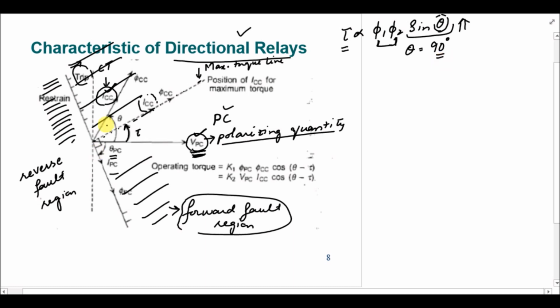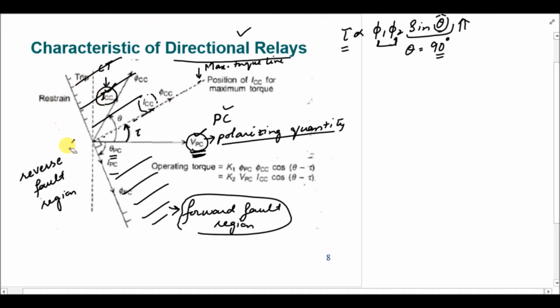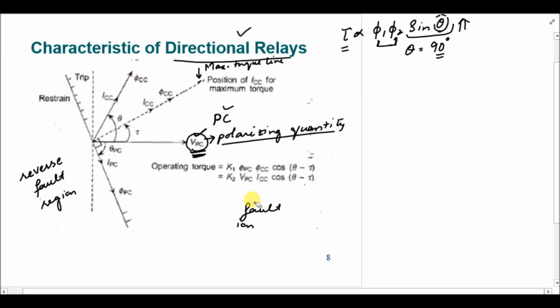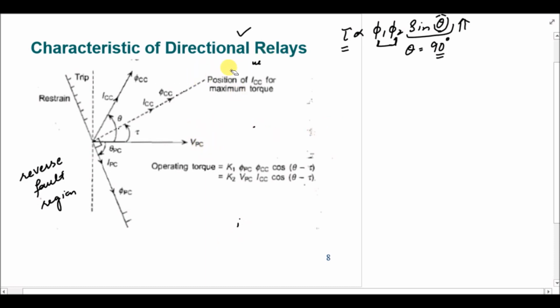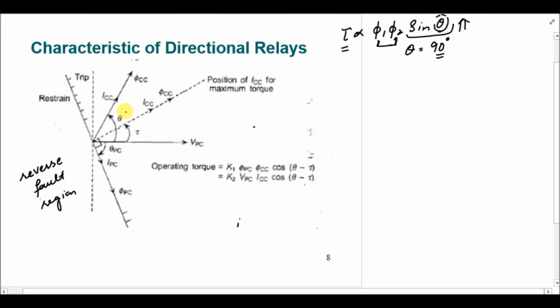So in this case we have two fluxes. One is being generated by this ICC. So let me just clear this one a little bit. So we have two fluxes.